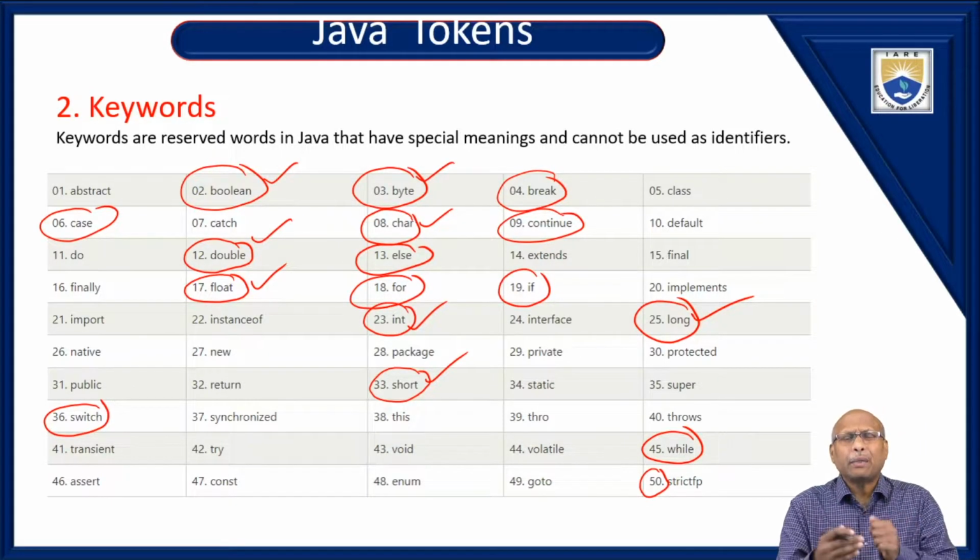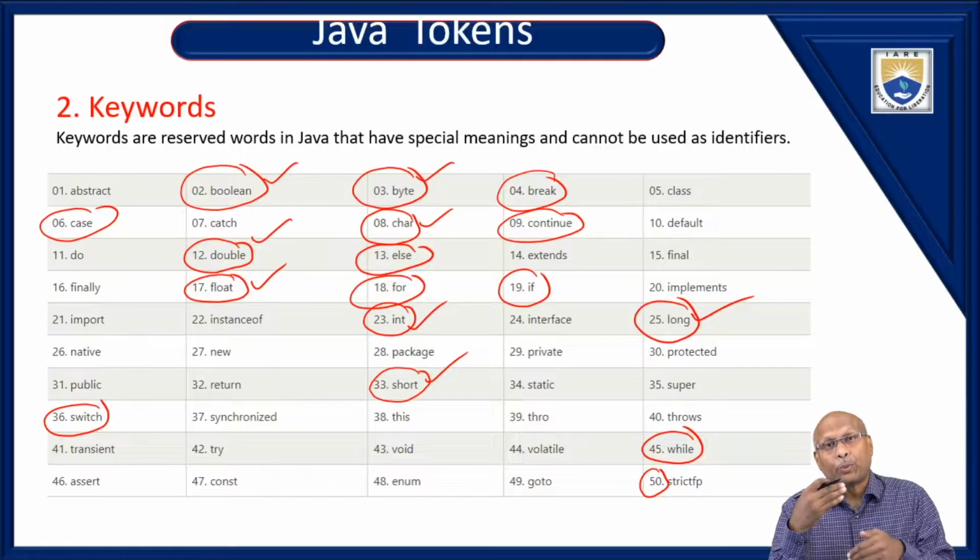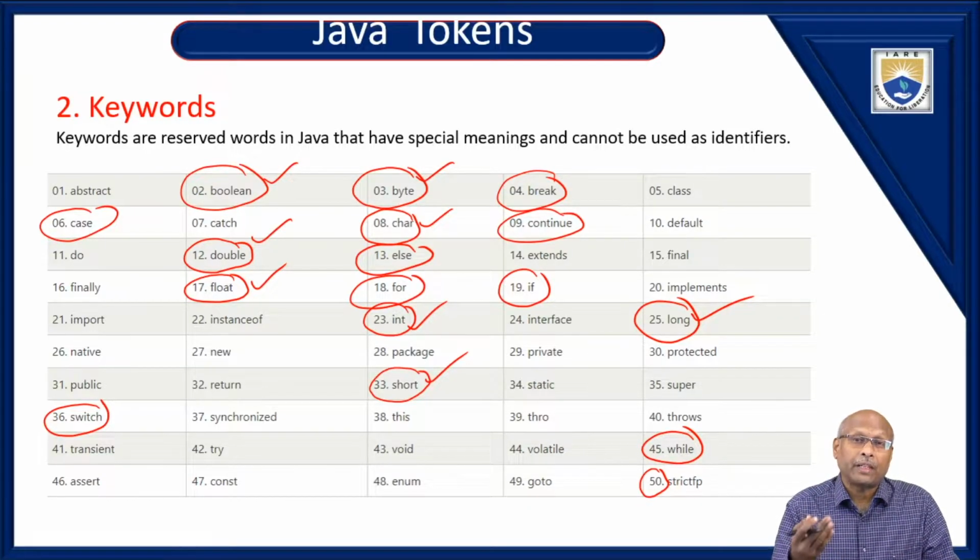So you will find a set of keywords related to control flow, related to data type declaration, related to storage classes, related to protection like private, protected, and public. These are the keywords to be used for specific purposes only.